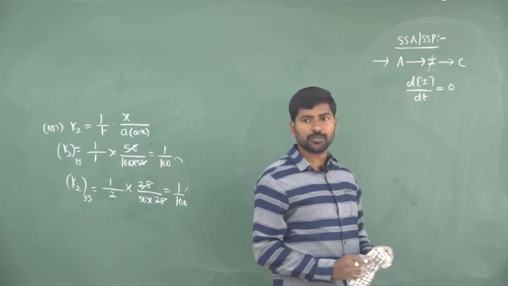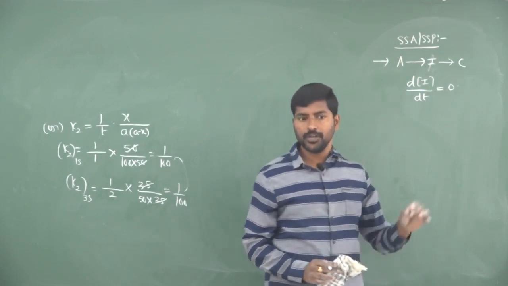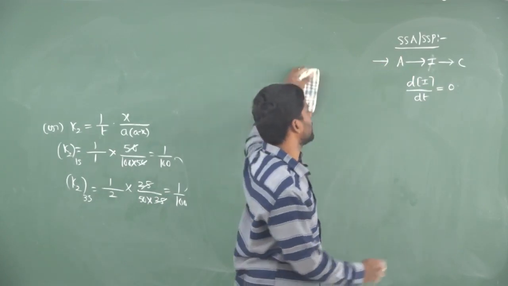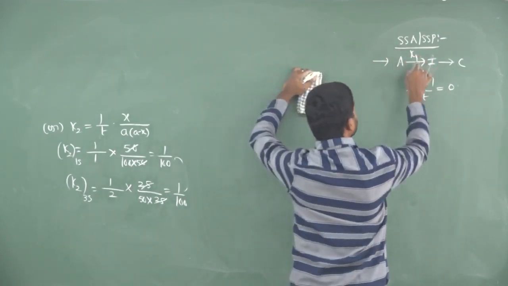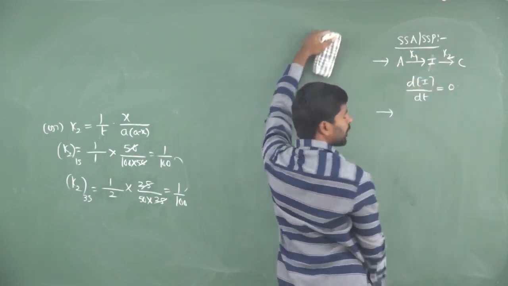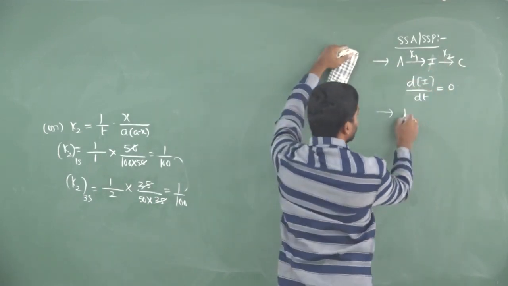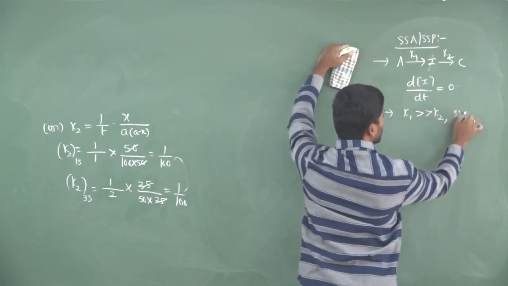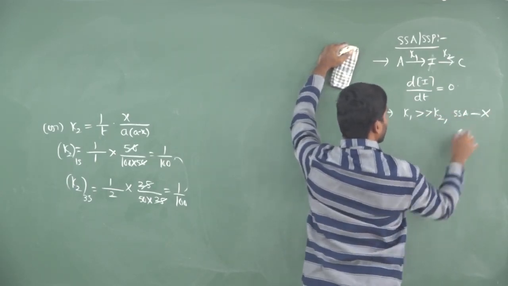Generally we proceed with respect to the product formation step. Next, this is the rate constant K1, and for this step the rate constant K2. When is steady state approximation valid? If K1 is many times greater than K2, is steady state approximation valid or not? Not valid.